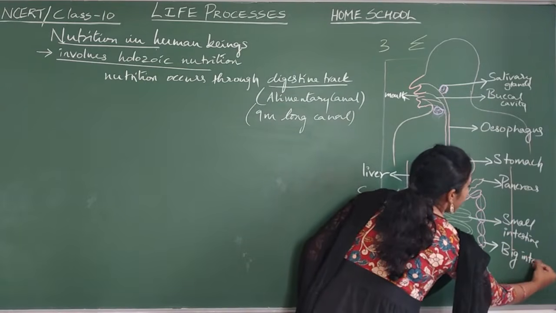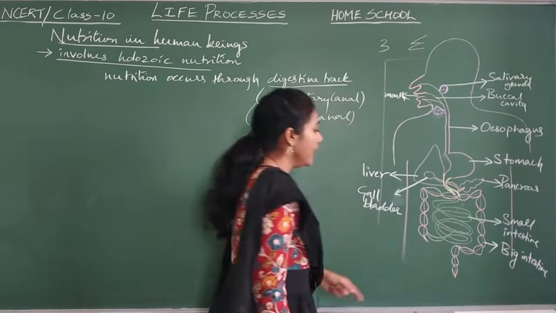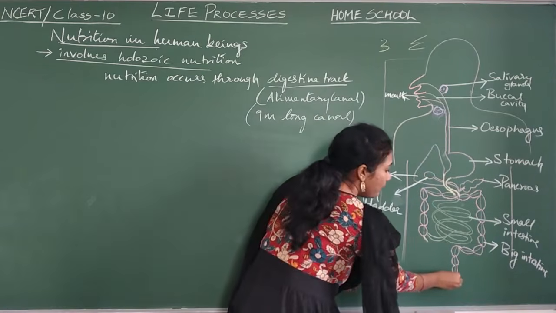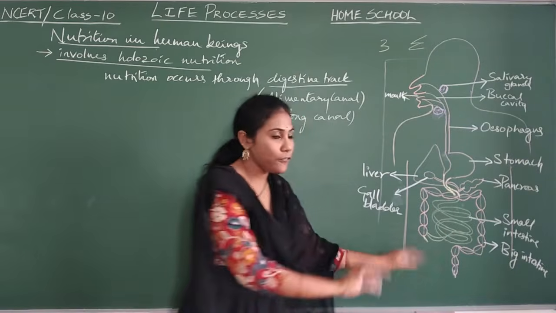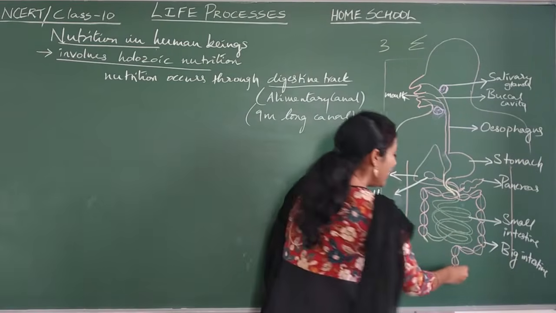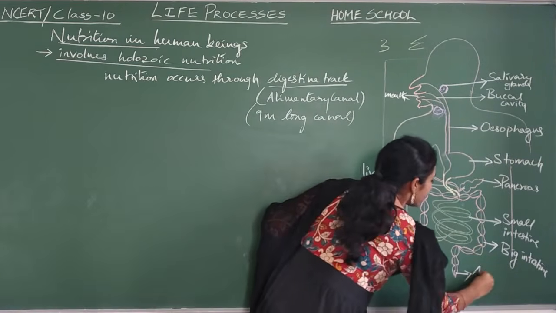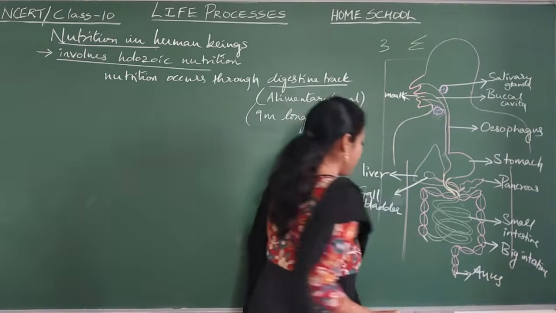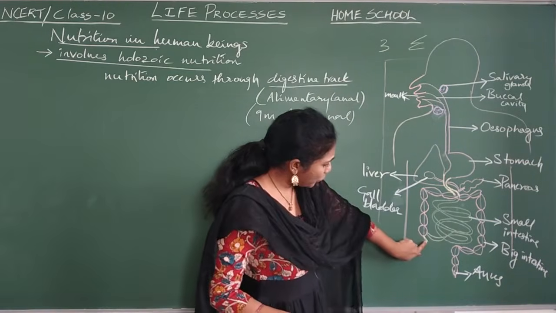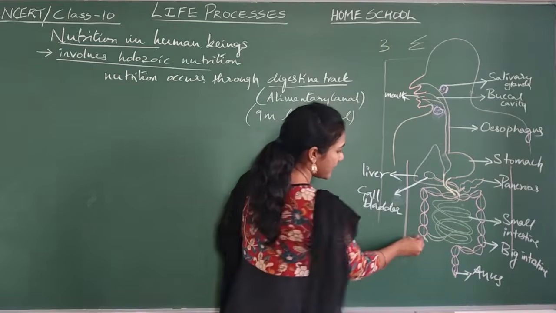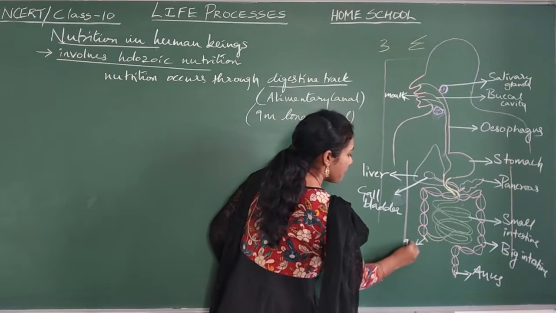And this opening, where undigested food comes out, is called anus. And the small growth which is attached to this is called the appendix.